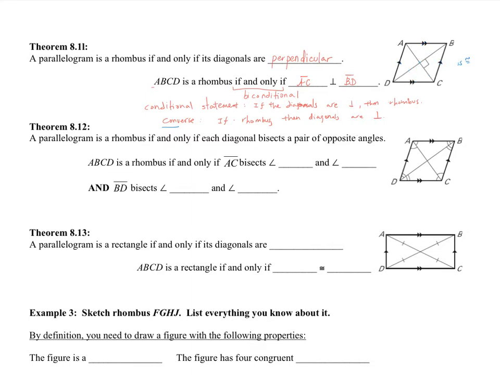But if you want to prove the converse, you would have to first prove that triangle BXC is congruent to triangle DXC by side, since the diagonals of a parallelogram bisect each other, and since it's a rhombus, all the sides are congruent.